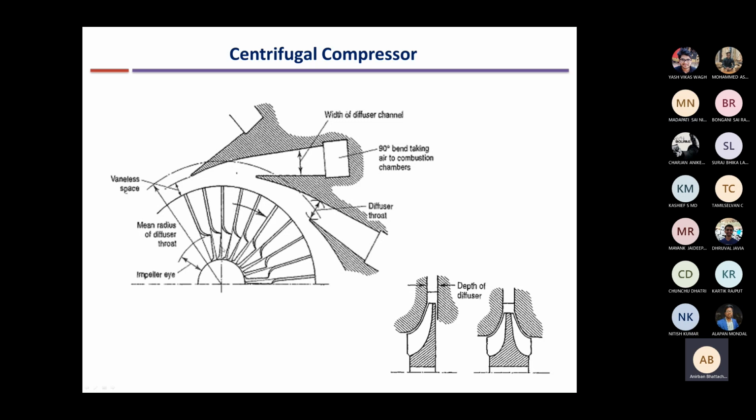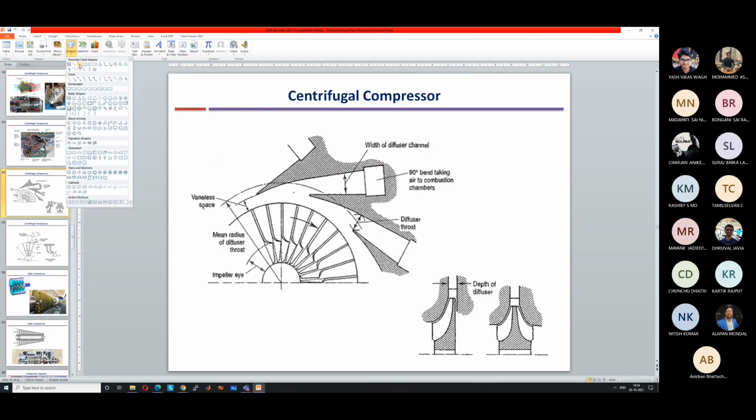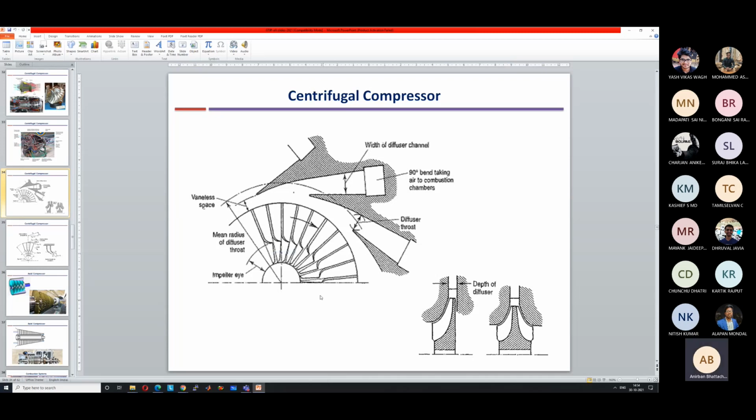At any point on the blade or the vane, if I take a point, it is just moving towards the right side, like this. Okay, at any of the points.